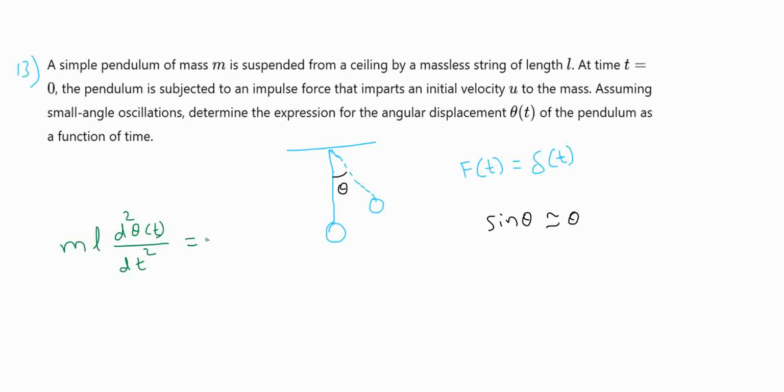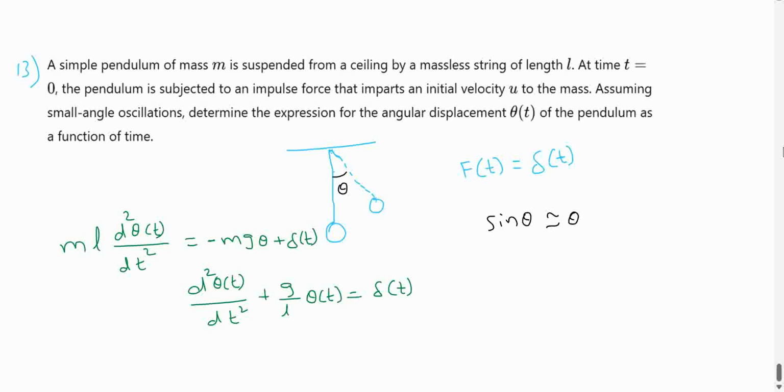One is minus mg sine theta, and sine theta is approximately theta. Also, we have an impulse force delta of t. So when we rewrite this differential equation, we divide with m L and get theta double dot plus g by l theta of t equal to delta of t.